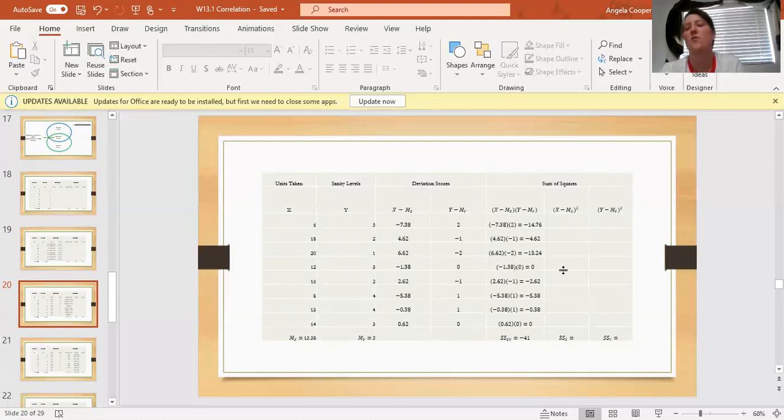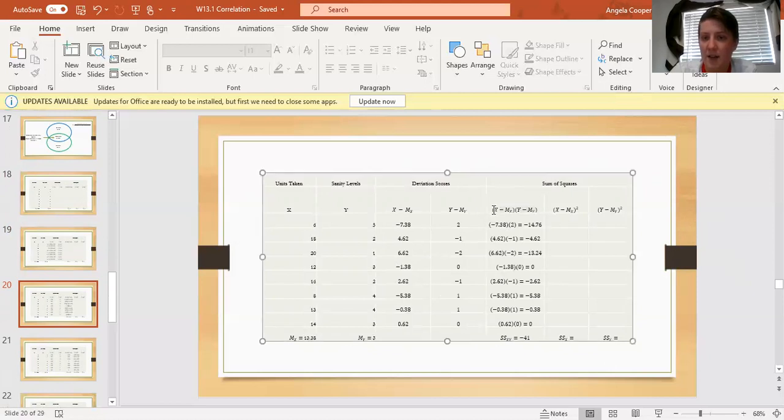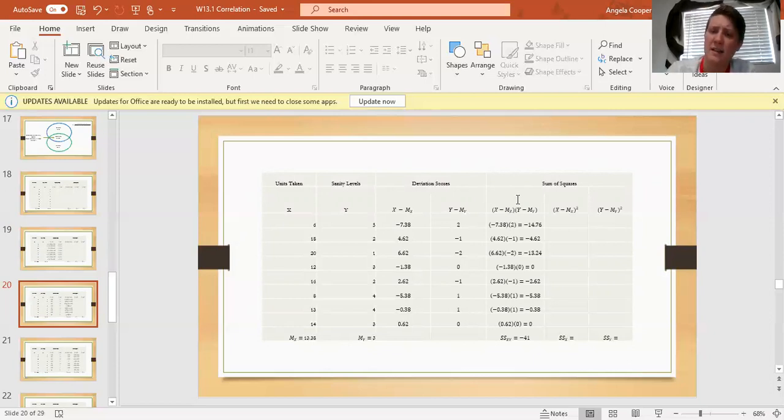Now we're going over one column, and we're getting into the sum of squares portion. Here we're taking each individual units taken minus the mean of the units taken, and multiplying that by each individual sanity level minus the sanity level mean, which we've already calculated.